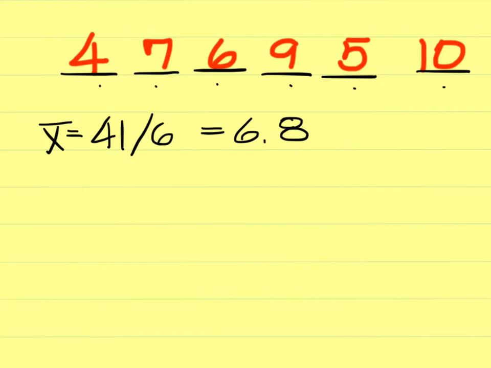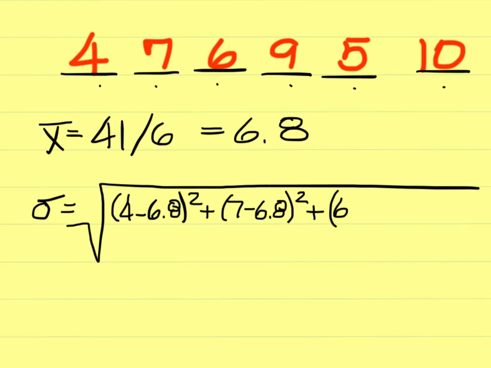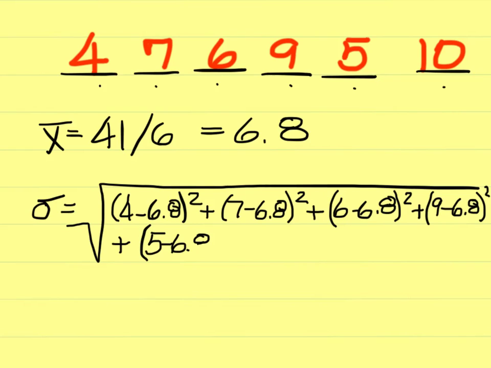And then from there you have to find the standard deviation. So that comes out to be the square root of all of this, which will be 4 minus 6.8 quantity squared plus 7 minus 6.8 quantity squared plus 6 minus 6.8 quantity squared and plus 9 minus 6.8 quantity squared plus 5 minus 6.8 quantity squared and then plus 10 minus 6.8 quantity squared.